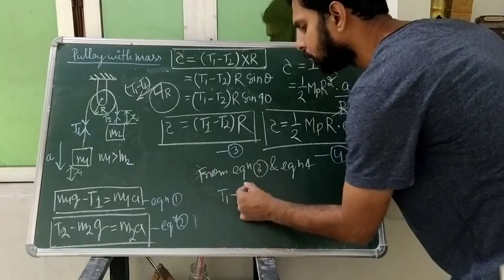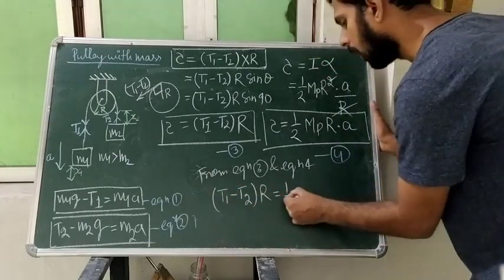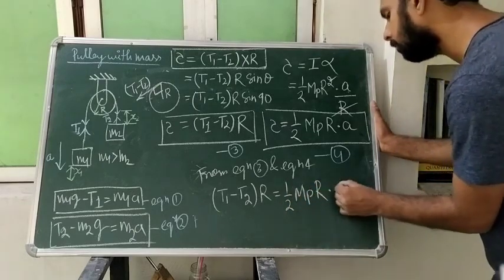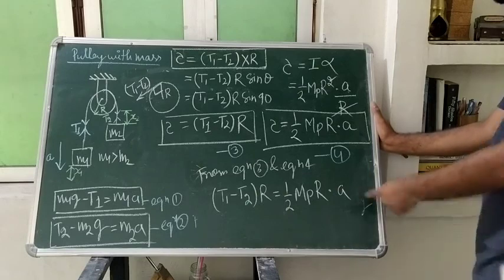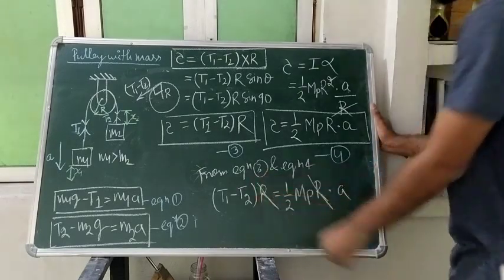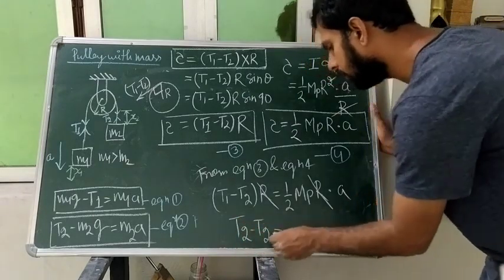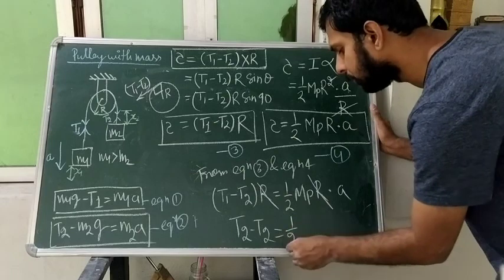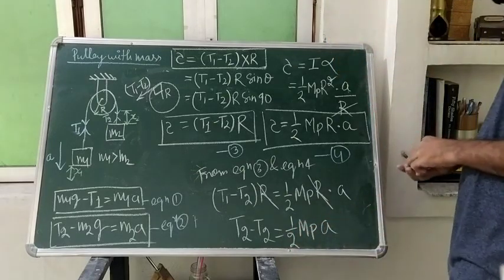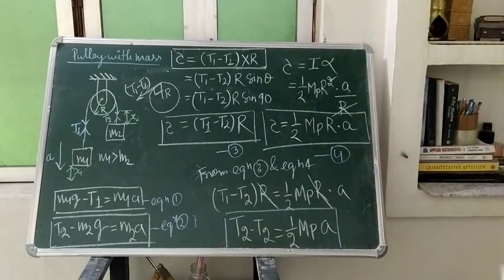T1 minus T2 times R should be equal to half of the mass of the pulley, times the radius of the pulley, multiplied by A, the linear acceleration. This R gets cancelled off, and we get T1 minus T2 equal to 1 by 2 mass of the pulley times A. So we get this expression here.